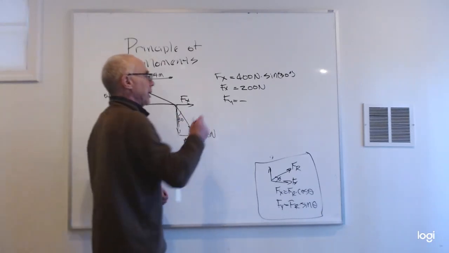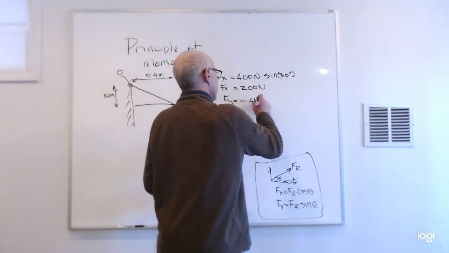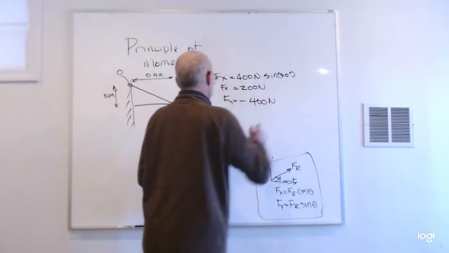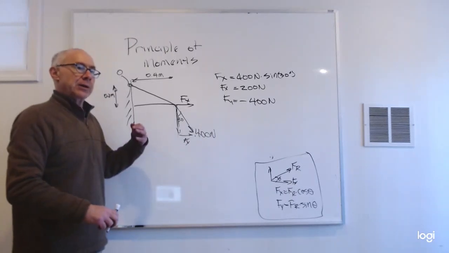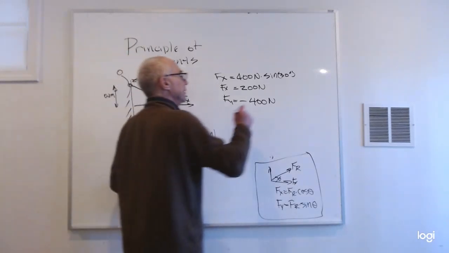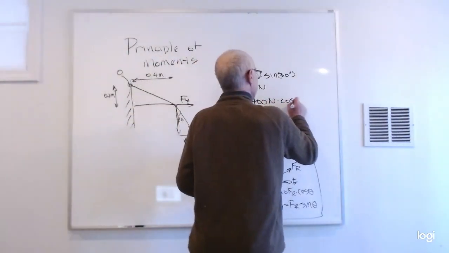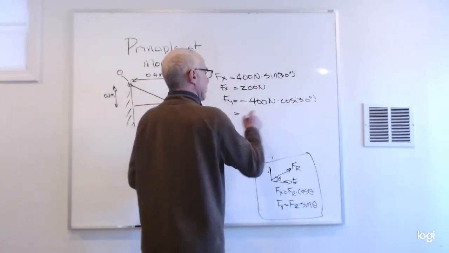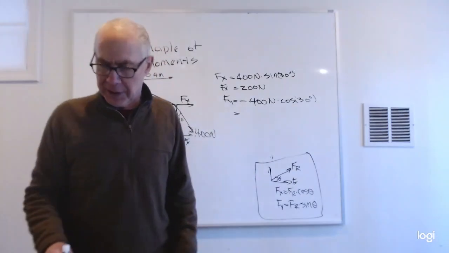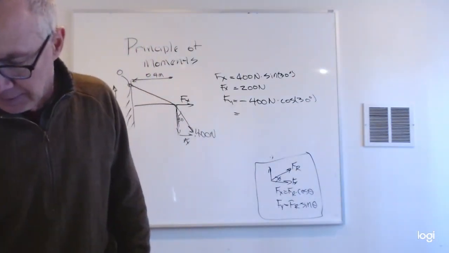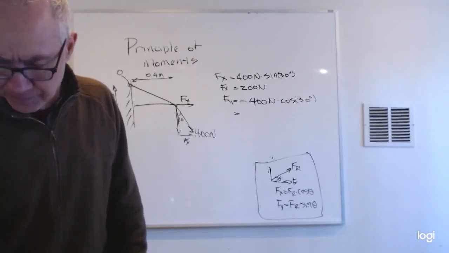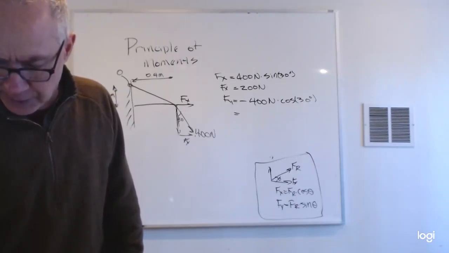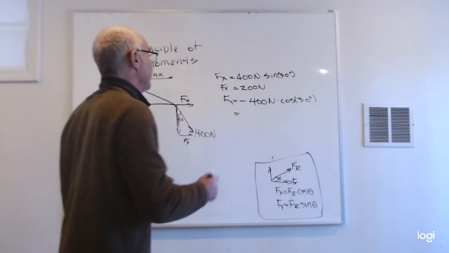So we're going to multiply the hypotenuse, 400 newtons, times adjacent over hypotenuse, which is cosine of 30 degrees. That's going to be equal to 0.86, and the result is 346.41.